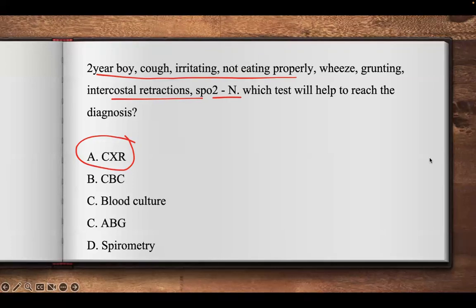If the SpO2 is very low, then you can start with oxygenation, and then follow the same protocol. If there is a fever, then you can do the septic approach. If there is no fever, you maintain the hydration and the oxygenation. If oxygen levels are low, you have to nebulize them, give them bronchodilators, and provide oxygen.